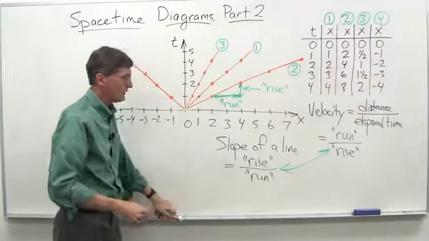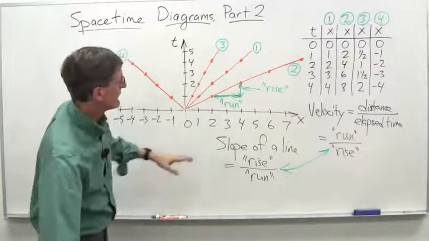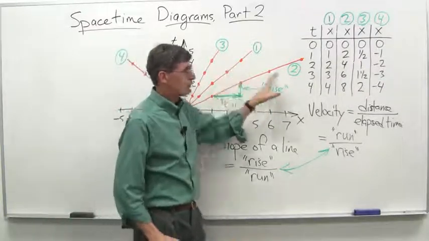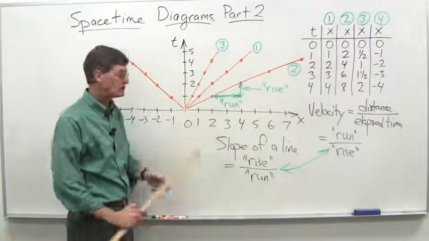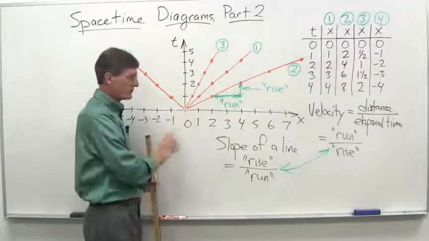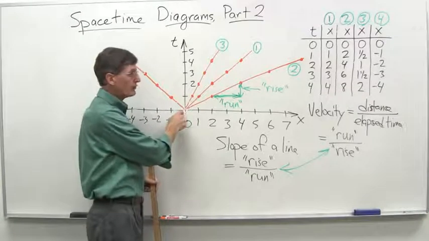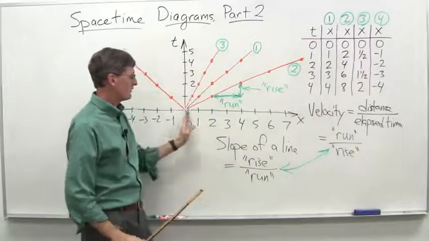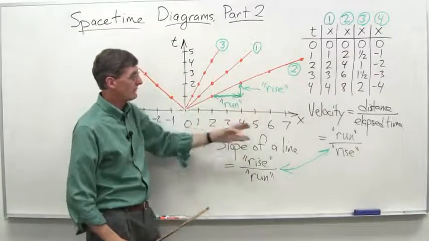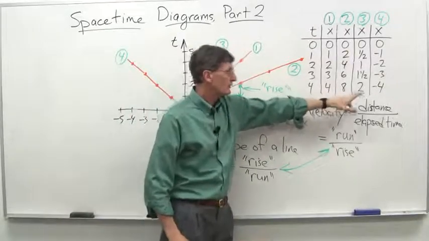And then one more thing here. We talked about these as being 4 different runs for a spaceship. We could also represent them as 4 spaceships all taking off at the same time from our origin. Spaceship number 1 follows that path along the x-axis. Spaceship number 2 goes faster. Spaceship number 3 goes slower.